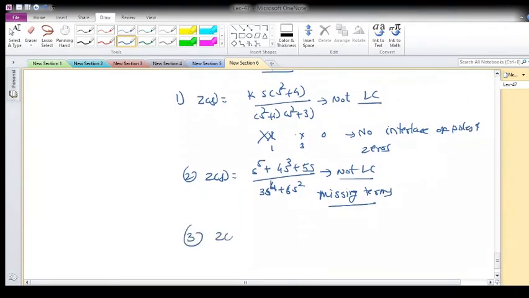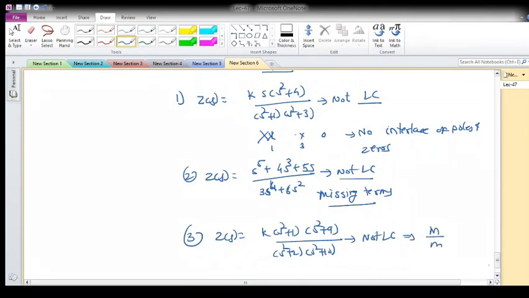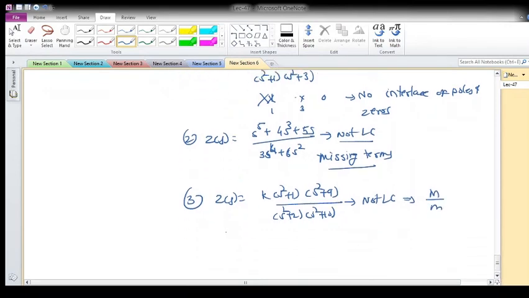Third, if Z of s is k into s square plus 1, then s square plus 9, divided by s square plus 2 and s square plus 10, it is also not LC because it is the ratio of even by even. Okay, but it has to be the ratio of even by odd.